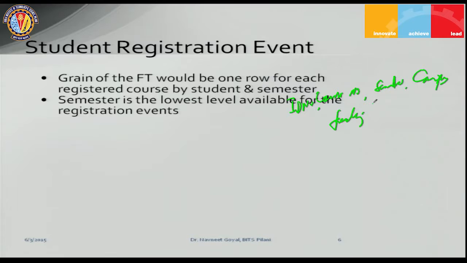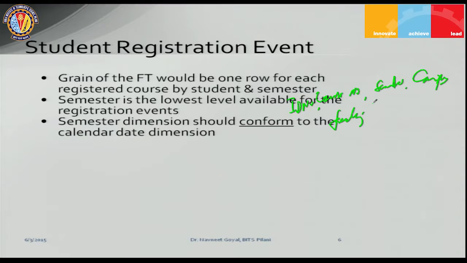Semester is the lowest level available for the registration event. You cannot register a student for a month or for 10 days; he has to register for a full semester. The semester dimension should conform to the calendar date dimension, right? This is the concept of conformed dimension.